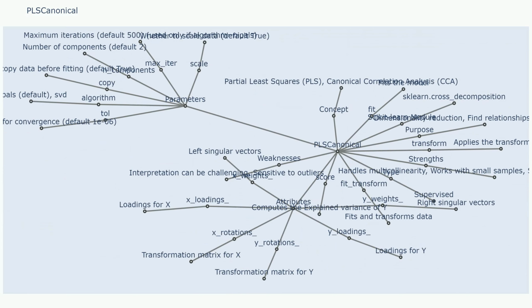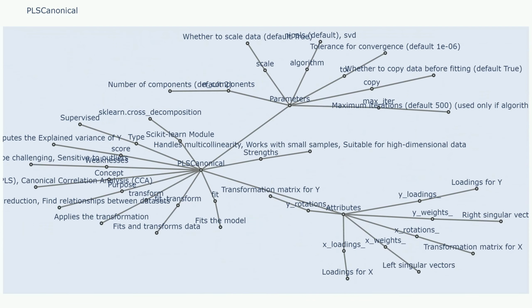TY: scores for the Y dataset, N samples by N components. N components: number of latent variables to extract. The objective is to find WX and WY that maximize the covariance between TX and TY, subject to the constraint that the LVs are orthonormal. Maximize Cov(TX, TY), subject to WX^T WX = I, WY^T WY = I.